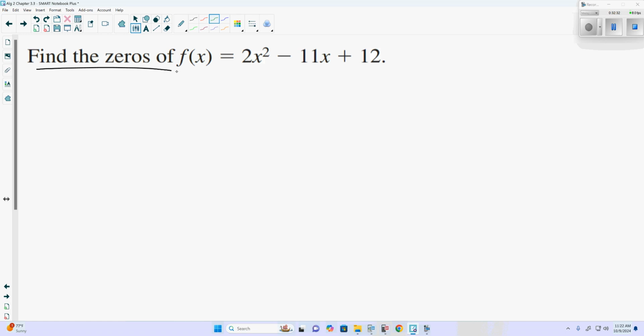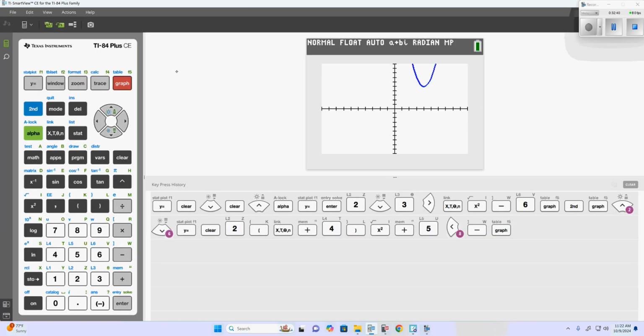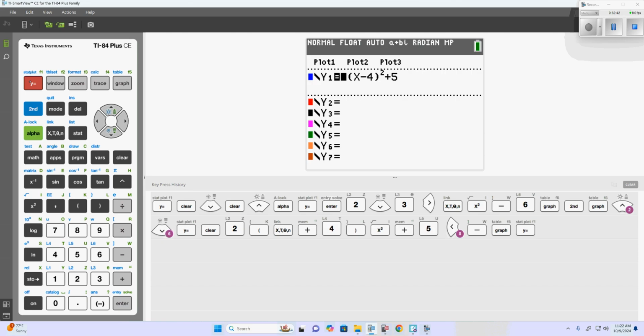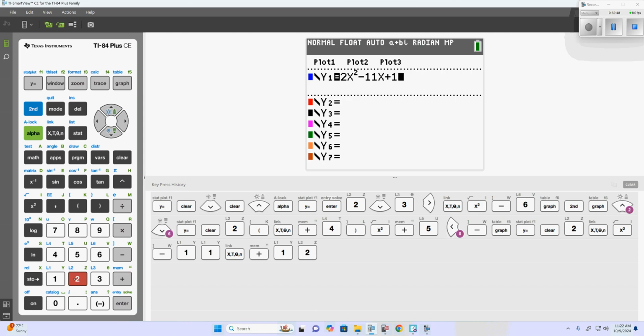Now, besides that, it didn't tell us anything we had to do with it specifically. So we can try graphing 2x squared minus 11x plus 12. I can use the graphing calculator. Say 2x squared minus 11x plus 12.